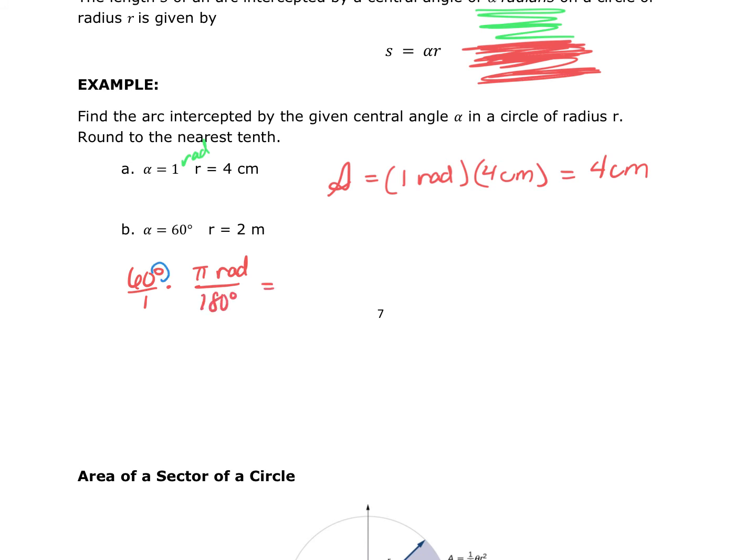That way these will cancel, and I end up with pi over 3 radians. Then my arc length is pi over 3 radians multiplied by 2 meters, and my final answer is 2 pi over 3 meters.